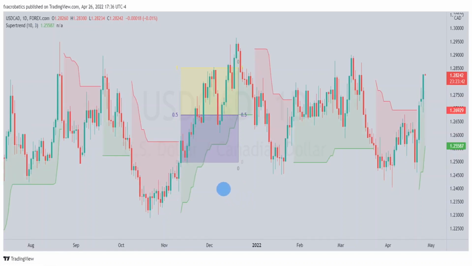A better use case maybe would be to use the SuperTrend. It's a fairly good bias indicator. See there, you can look at trades like this. This is a bullish case using the SuperTrend, and you have a dealing range from this low to this high.